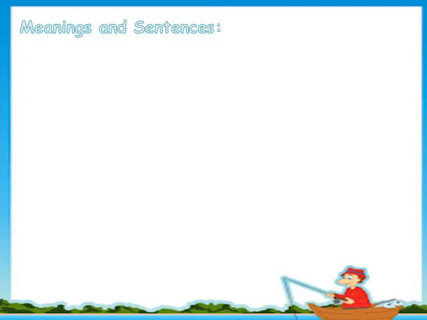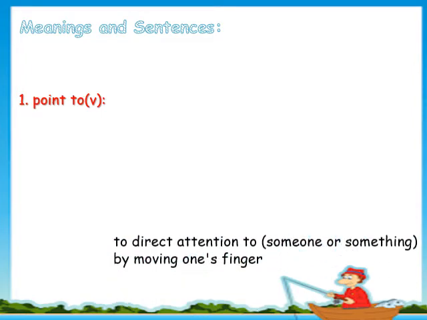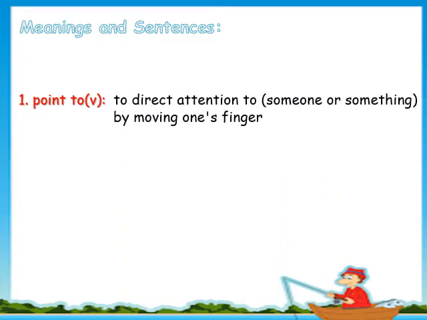And now it's time to read the meanings of these 5 vocabulary words, and we have to try to use these words in sentences. Let's begin with number 1. Point to. Point to is an action verb. What does point to mean? To direct attention to someone or something by moving one's finger.